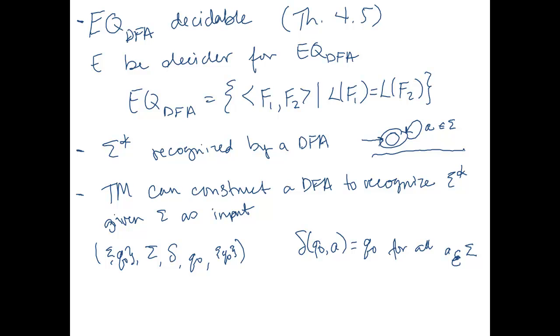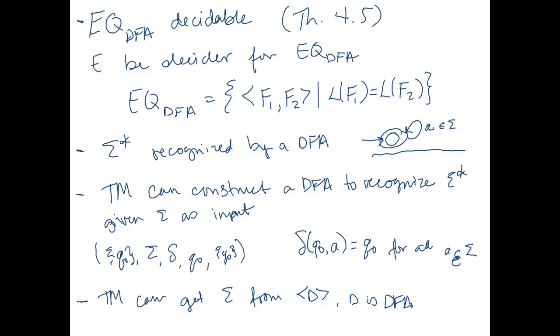And fact 4 is that if a Turing machine is given the description of a DFA, it can retrieve the input alphabet sigma. So a TM can get sigma from a description of D, where D is a DFA.